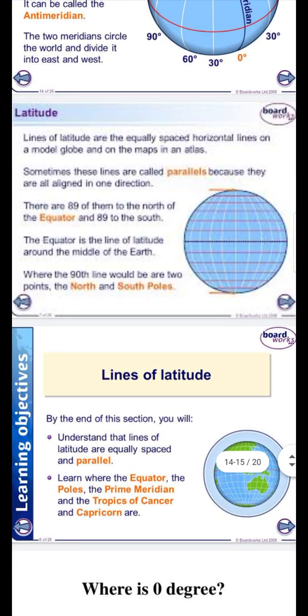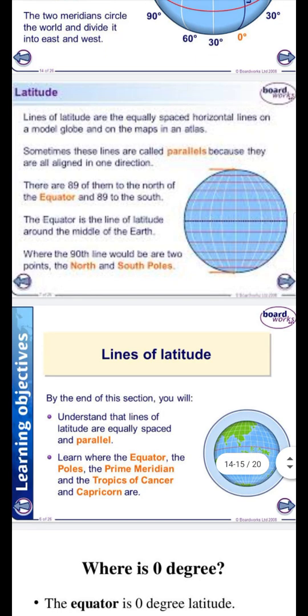The lines of latitude are equally spaced horizontal lines on a model globe and on the maps in an atlas. Sometimes these lines are called parallels because they are all aligned in one direction.